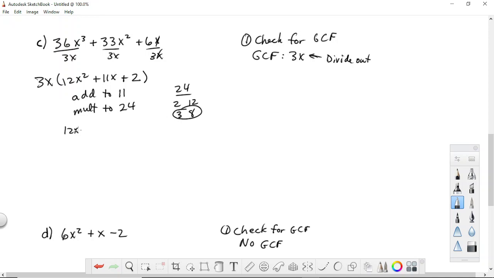So we'll write 12x squared plus 3x plus 8x, we split that middle term, plus 2, sorry. Okay, so now we do our boxes.